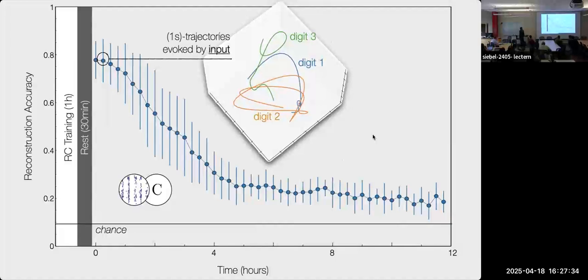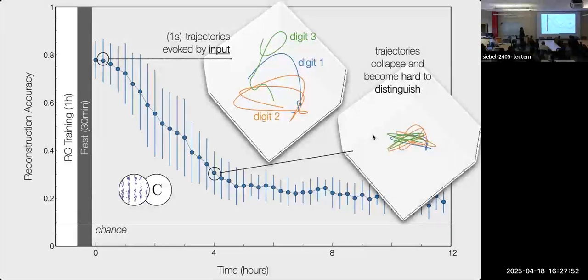So that's the 1 second trajectory evoked by all the inputs. And each of these lines is an average of 20 different patterns. And as you can see, different digits can be recognized because the trajectory is quite well separated from one another. And then by the time they go down all the way to about 30%, after 4 hours, you can see that the trajectory also collapsed down.